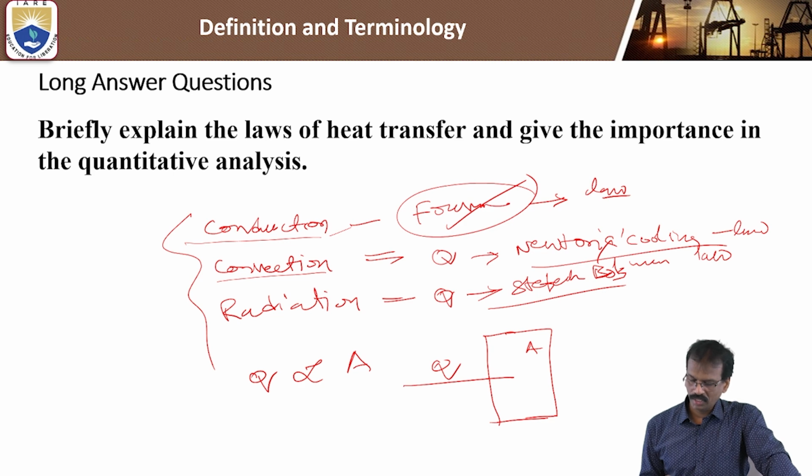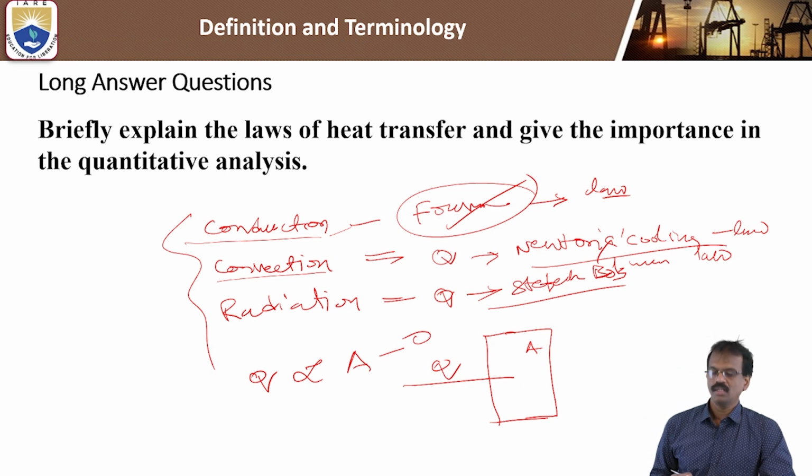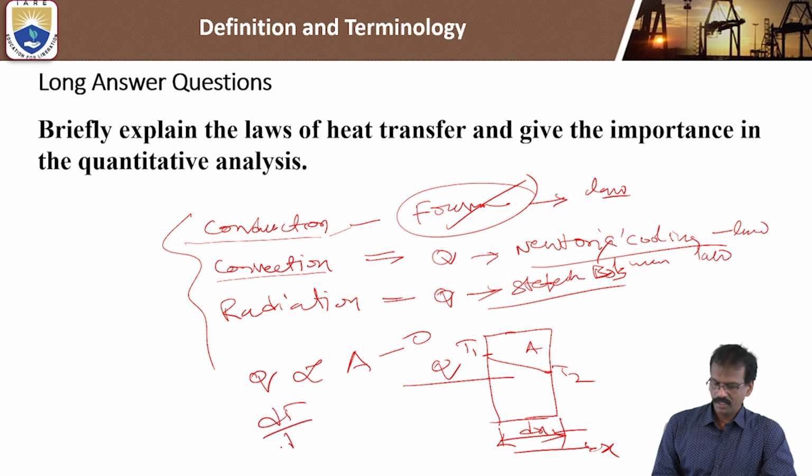That is the first condition. And this rate of heat transfer is directly proportional to the temperature gradient. Suppose the body has temperatures T1 and T2, in the x direction, with thickness dx. Then dT by dx is nothing but the temperature gradient.